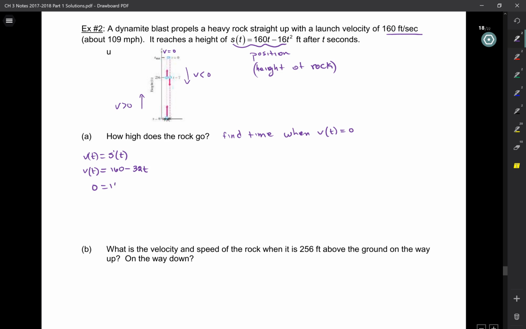So 0 equals 160 minus 32t. And this we can solve, right? So 32t is equal to 160. t is equal to 5. Okay? So, it reached the top at t equals 5.